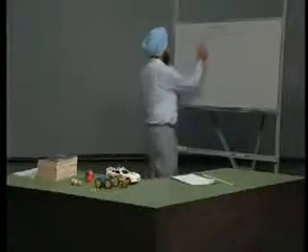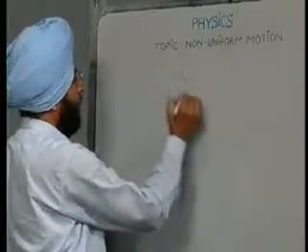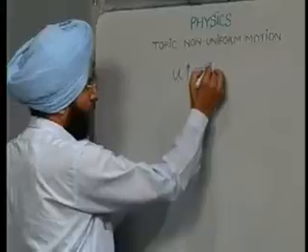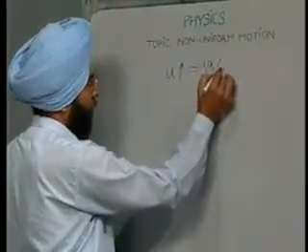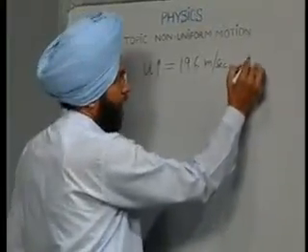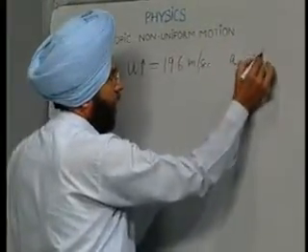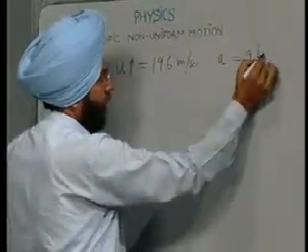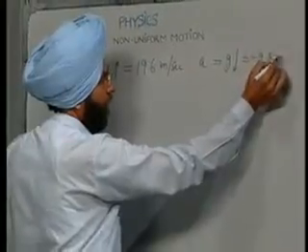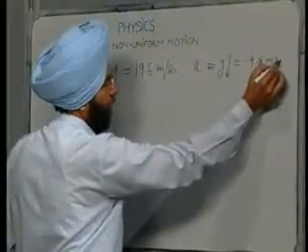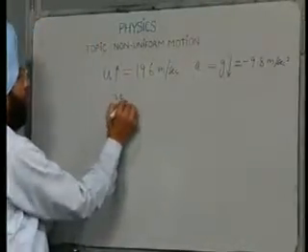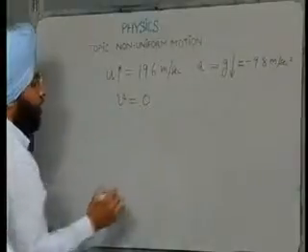Now, say we have an object which is thrown upwards with the initial velocity u equal to 19.6 meter per second. Acceleration is equal to g downwards, so we take its sign as minus, minus 9.8 meter per second square. At the highest point, v is equal to 0.